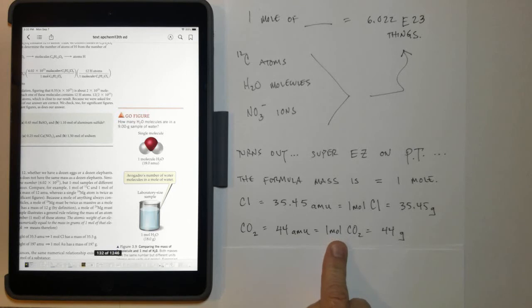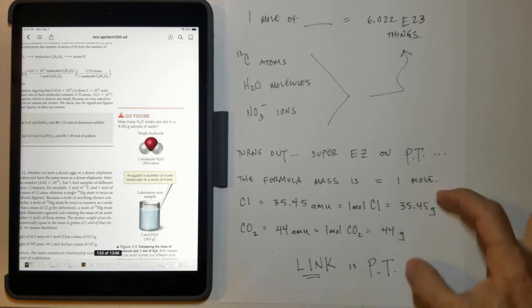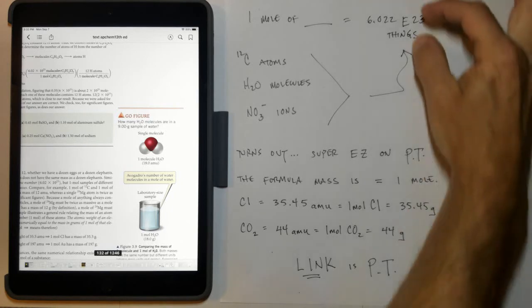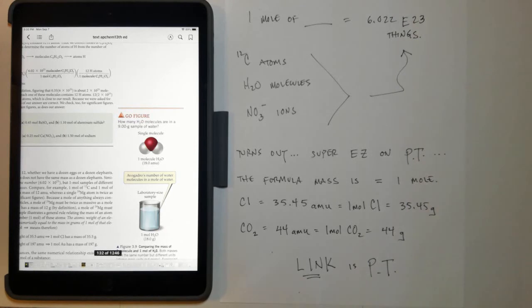That would be 1 mole of CO2 molecules, or 6.02 times 10 to the 23rd of them, or 44 grams. The periodic table is the link. The periodic table is the piece that allows you to take something from the macroscopic, measurable in grams, and bring it to the nanoscopic, number of particles that you can't even see.